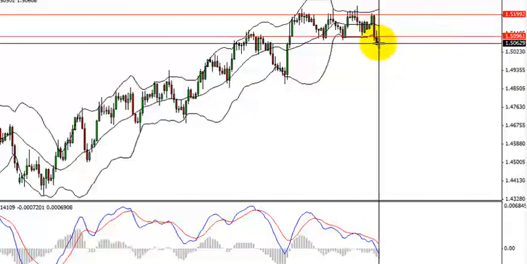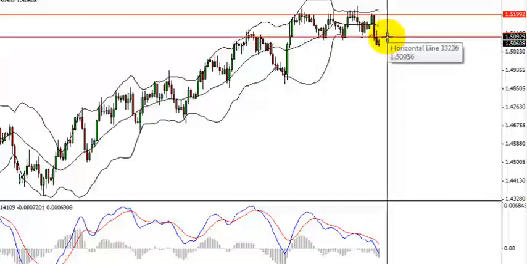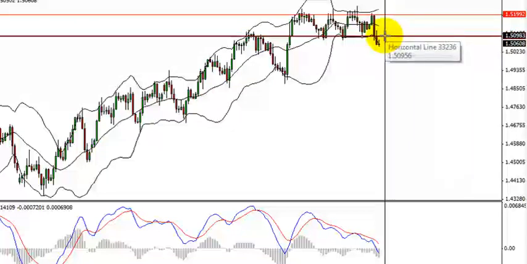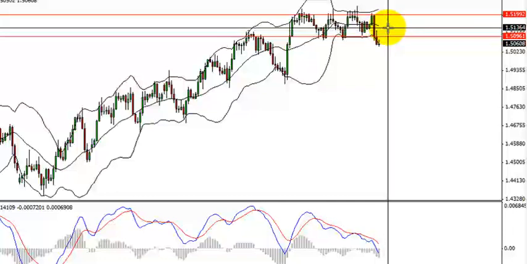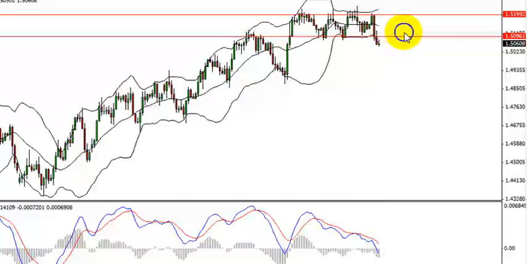Now, for technical reasons, it should go and test this line. When it tests this level close to 151, go short with a stop loss above the last high right here, somewhere around 150, maybe, and a target.